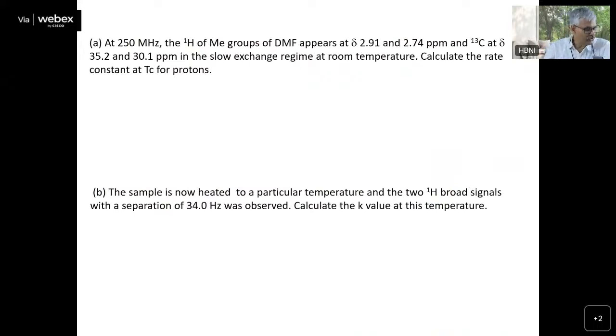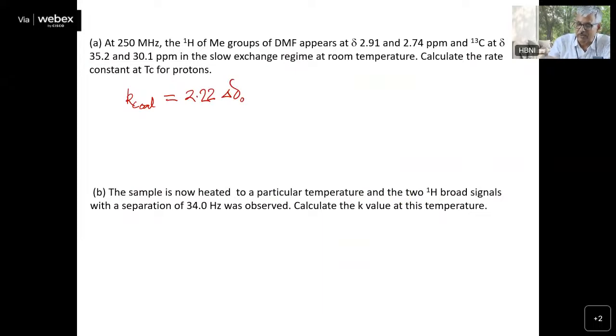So now, if you remember, I have given the formula k coalescence equal to, in fact the very first slide I did the correction, 2.22 delta nu.